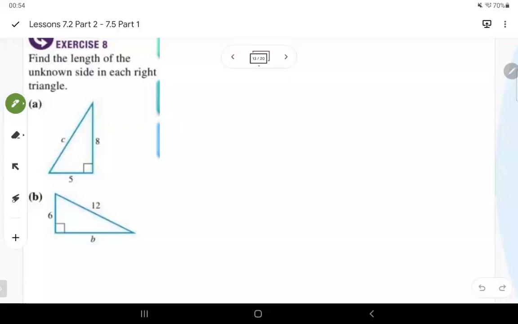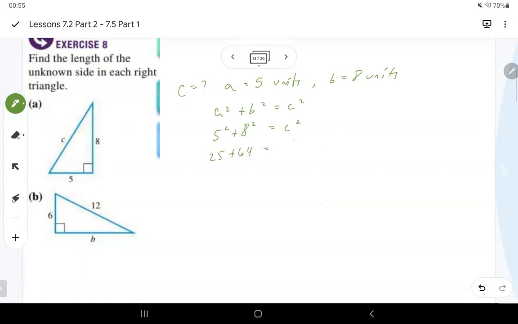So for A here, we need to find C. We are given an A of 5 units, a B of 8 units. We know that a squared plus b squared equals c squared. So we would have 5 squared plus 8 squared equals c squared, which is 25 plus 64, which is equal to 89.